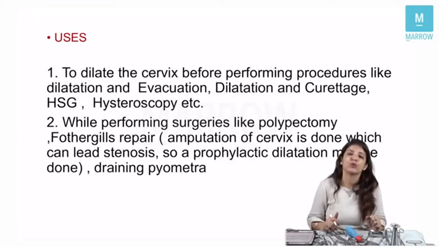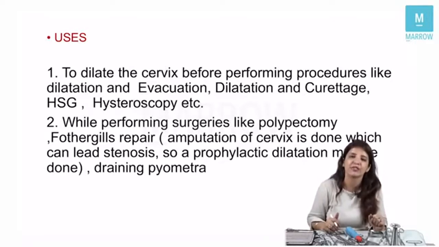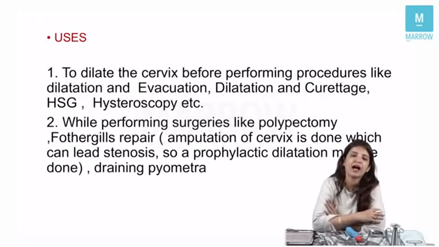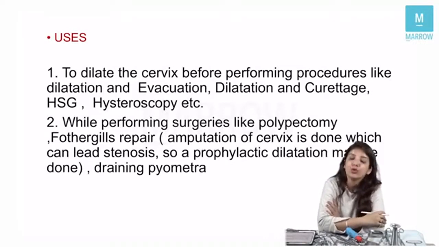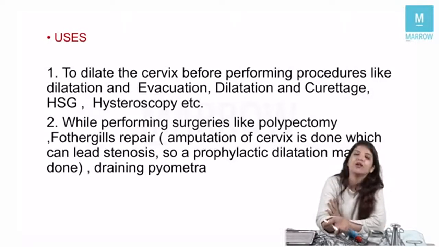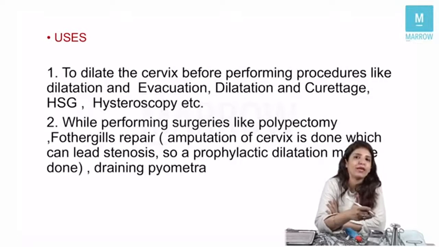Or suppose you are doing Fothergill's repair. One part of Fothergill's repair is amputation of the cervix. When you amputate the cervix, after amputation there are a lot of adhesions and a lot of fibrosis, and that leads to stenosis of the cervix. So in order to prevent stenosis of the cervix after surgery, before performing amputation of the cervix, we dilate the cervix, right?